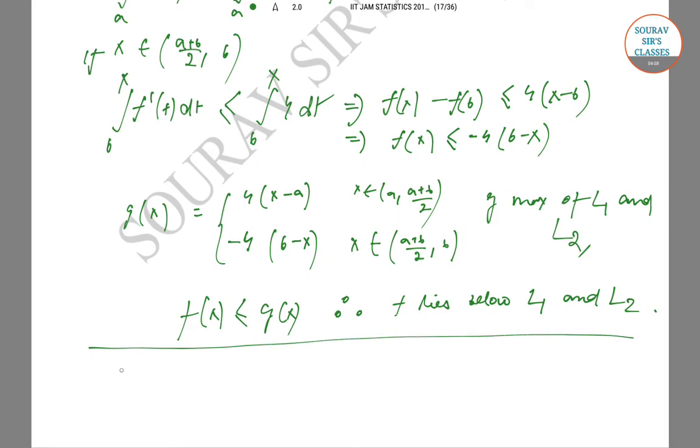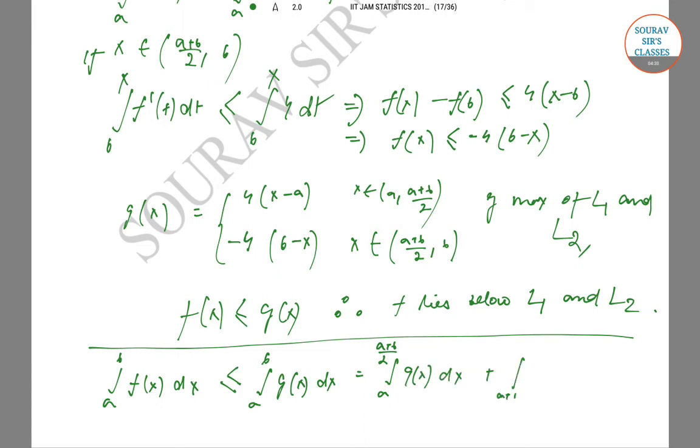Next up, let us try to see what the integral from a to b of f(x) dx looks like. Now this will be less than or equal to the integral from a to b of g(x) dx, which is equal to the integral from a to (a + b)/2 of g(x) plus the integral from (a + b)/2 to b of g(x) dx.